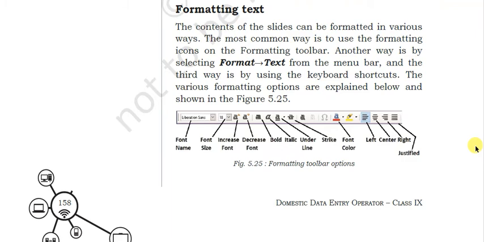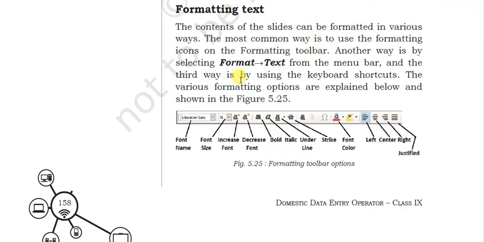So you have the formatting toolbar option. Here you can change font name, font size, increase font, decrease font, bold, italic, underline, strikethrough. And now you have changing the font color, background color, left align, center align, right align, justified. So these all are the options that you can use for formatting.